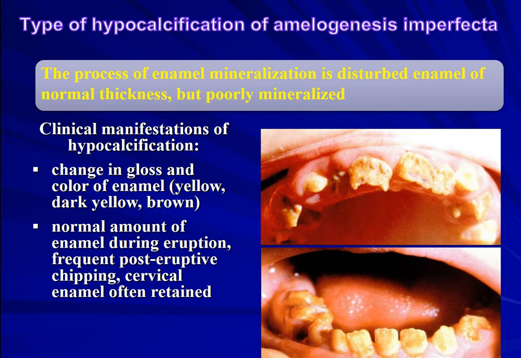Hypocalcification type of amelogenesis imperfecta. The process of enamel mineralization is disturbed, enamel of normal thickness but poorly mineralized.